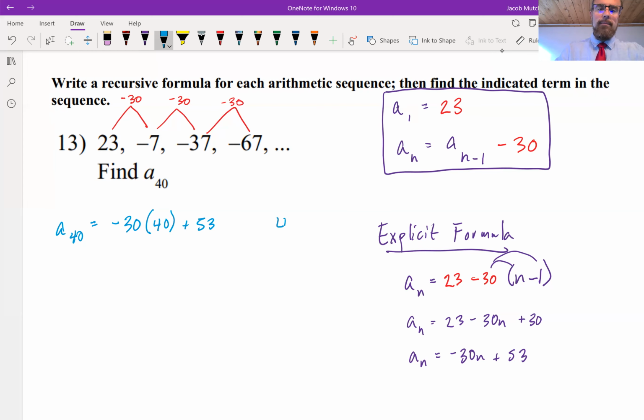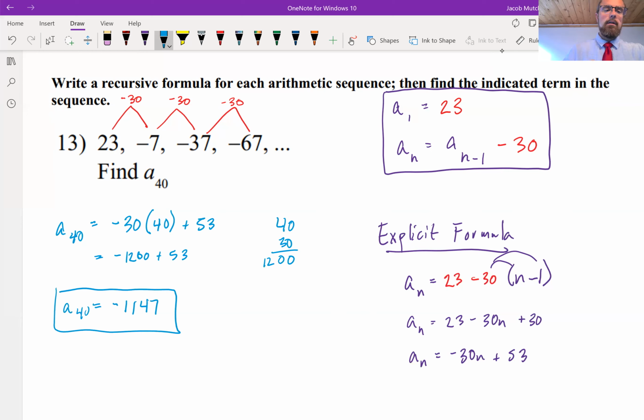So 40 times 30 is going to give us 1,200 plus 53. So it's negative 1,200 plus 53. And that's going to give us negative 1,147.